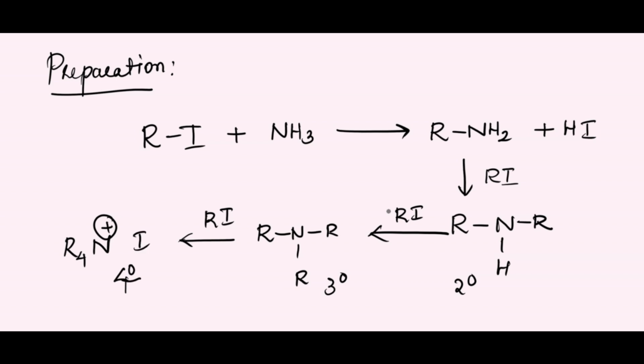So these are the subsequent preparations of Hofmann alkylation. I'm writing the name, Hofmann's alkylation. Is this the one you said in the beginning of the video? No, that is different. That is the Hofmann bromamide reaction. This is Hofmann alkylation to prepare amines.